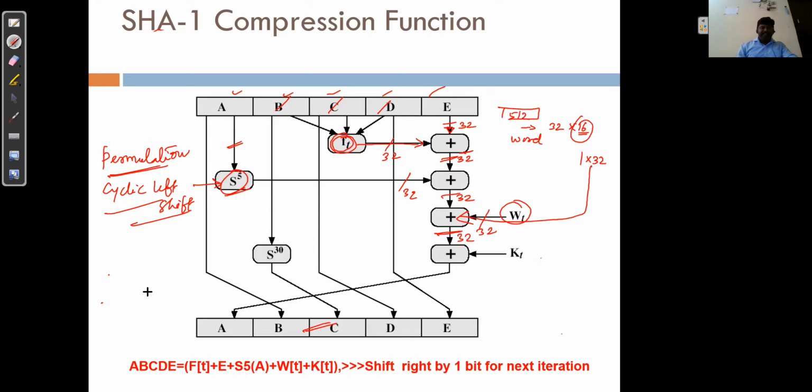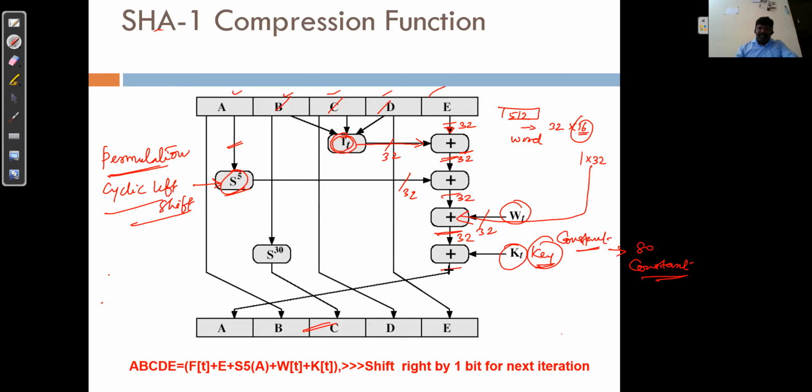Next, to the output we get, we add a key value, which is a constant value for this step. Similarly, we'll have 80 constant values, where each constant value will be used for each step.